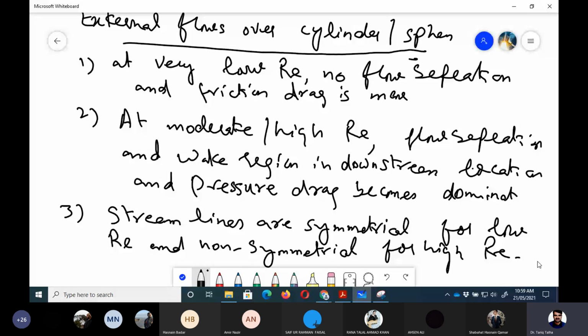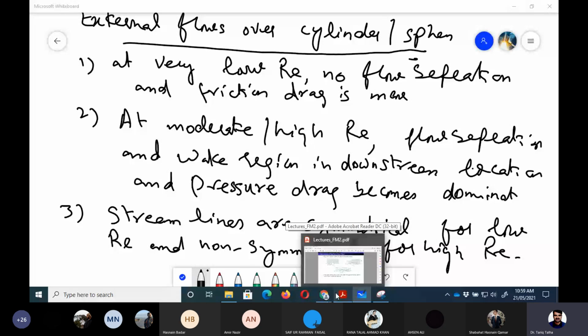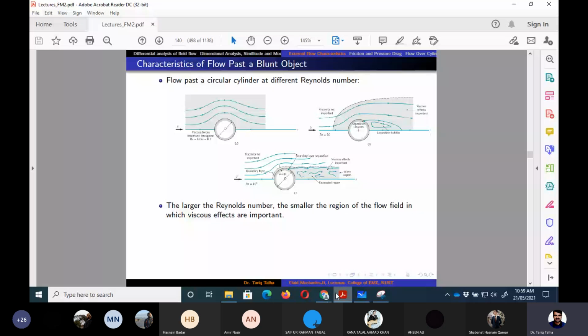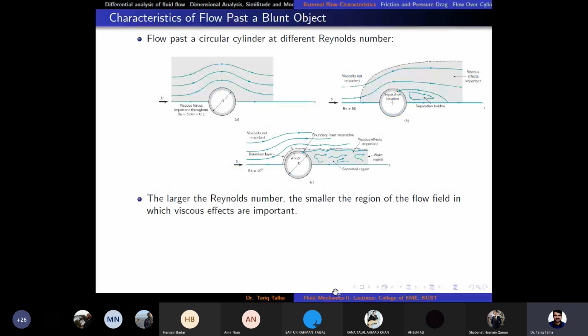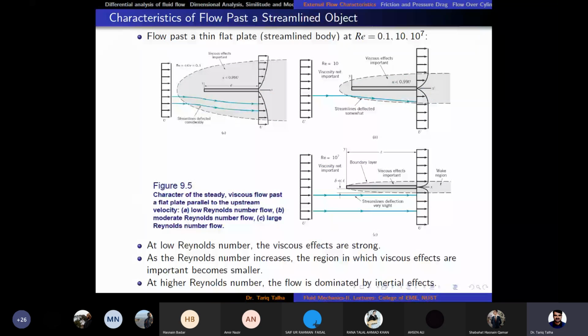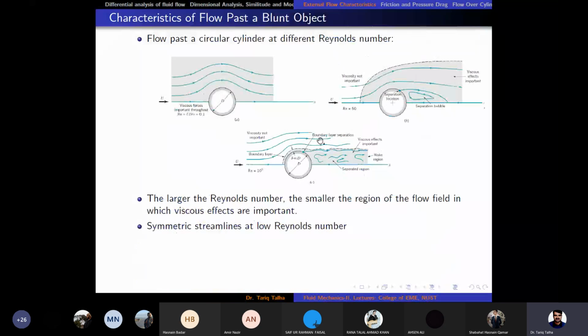Right. And then again the boundary layer thickness decreases as we increase the Reynolds number. So those are the characteristics which we have seen up to now for the flow past blunt bodies, semi-blunt bodies, and flow past a streamline object or body, right?